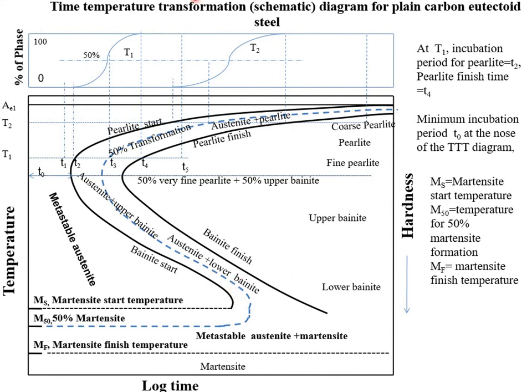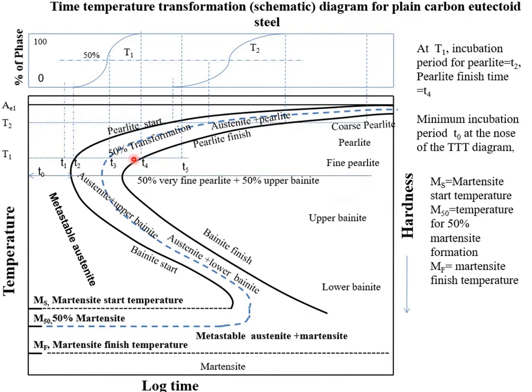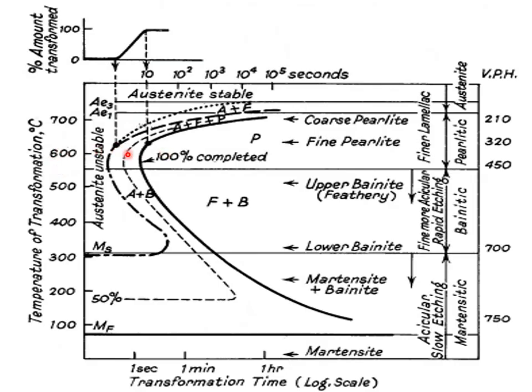So if you are in this region at this temperature, let's see this diagram. If we are above 550 degrees centigrade, and let's suppose you are at 700 degrees centigrade, here your transformation has started, and now this would convert into the coarse pearlite.